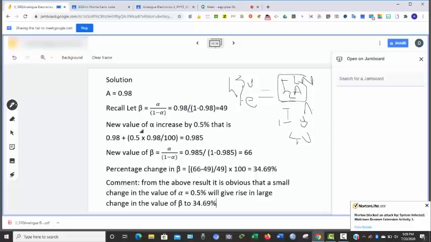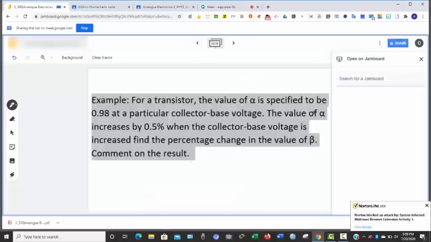So the new value for alpha increases by 0.5%. So we will now add, that's the question we have here. For the very first one, for 0.98, our value will be 49. That is our beta.